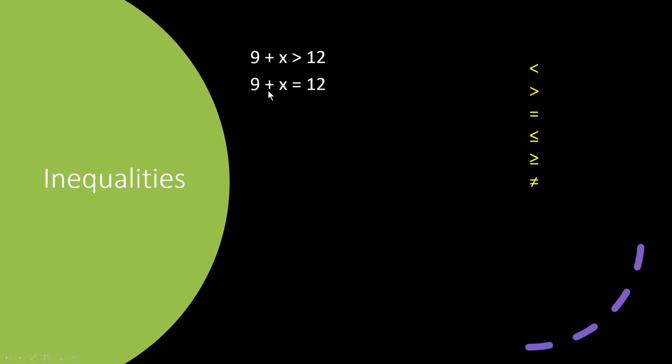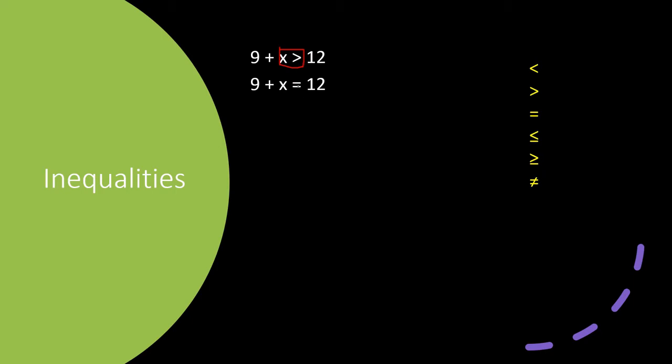Nonetheless, my friends, please never forget the direction or the relationship of the variable and the inequality symbol. You see how they're pointed at each other? It looks like the x is in the place of the bigger value. So let us not forget about that.